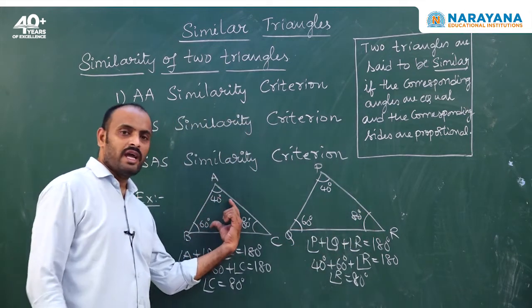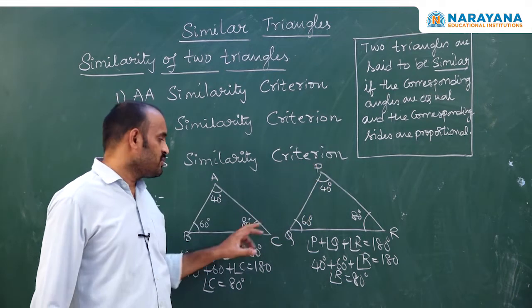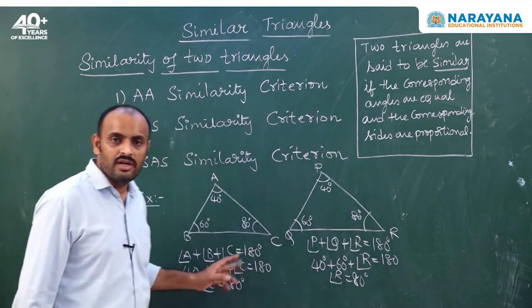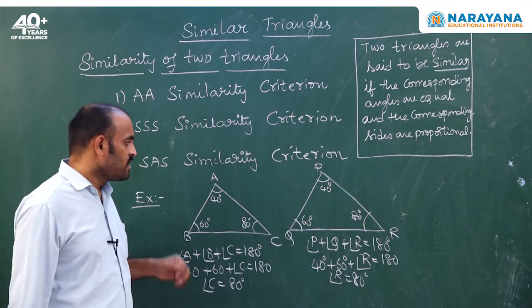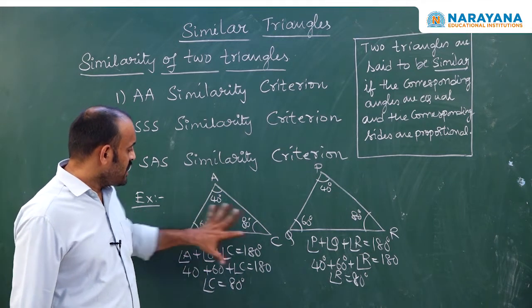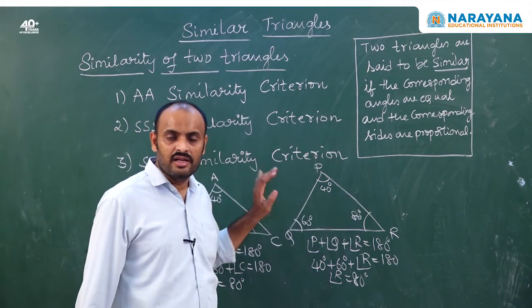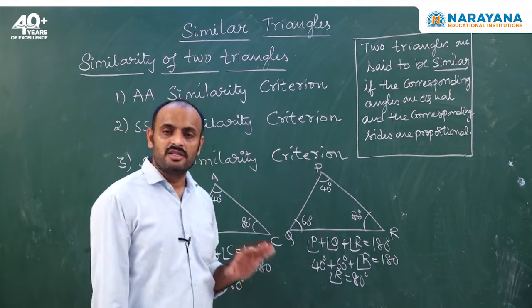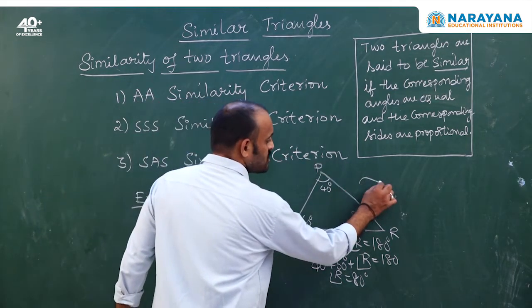So if two angles of first triangle are equal to two angles of second triangle, automatically the third angle will be equal just because of angle sum property. Now three angles of first triangle are equal to three angles of second triangle, then the triangles are said to be similar. So the similarity symbol is this.